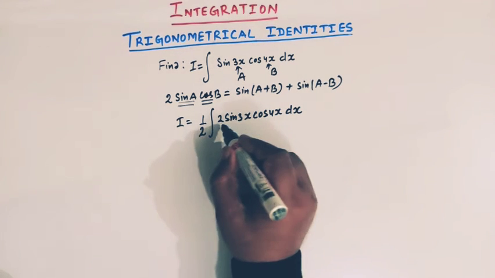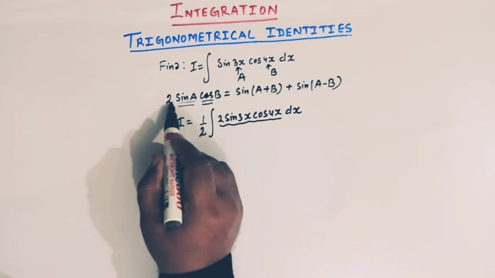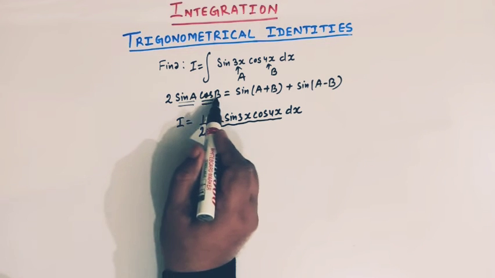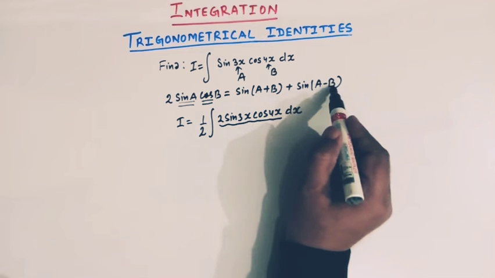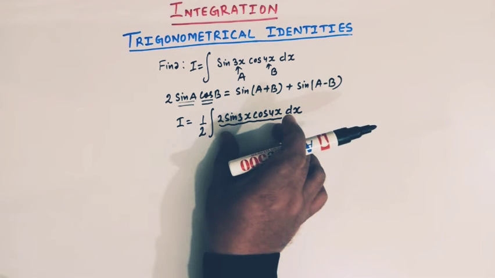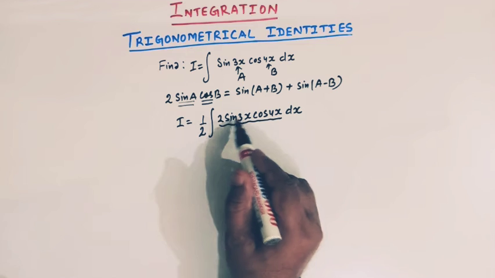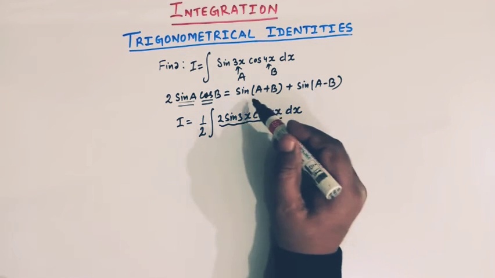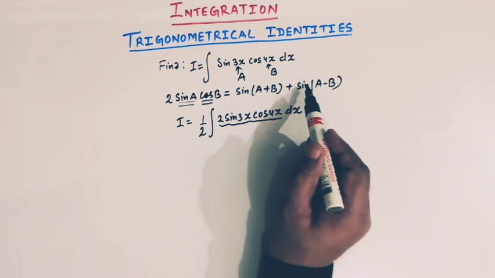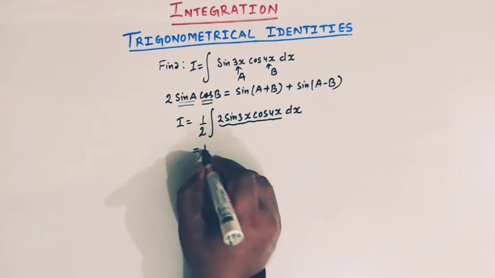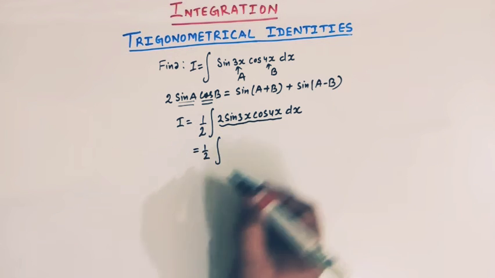So now this expression looks like this: 2 sine A cos B is equal to sine A plus B plus sine A minus B. So the product of sine and cos will be converted into the sum of sine function and sine function, right? So now here we can write half integral.